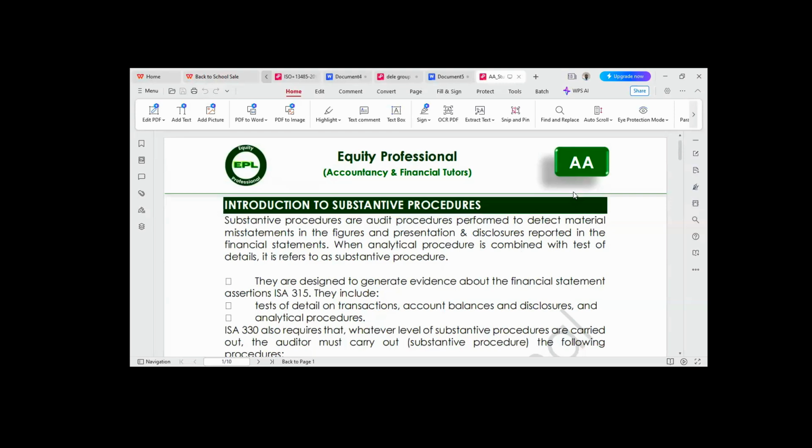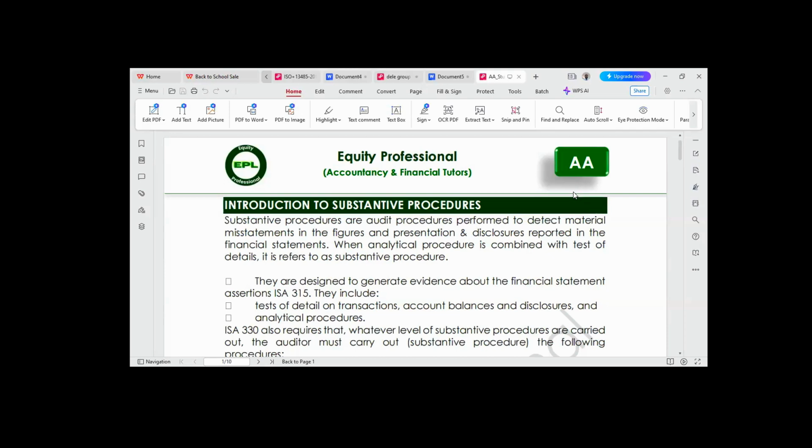All right. Now, in this topic today we are looking at the other side, which is the substantive procedure. Remember, I also explained that before now we used to call the two tests that are performed in order to place reliance on the audit evidence obtained from the client system compliance testing and substantive testing.